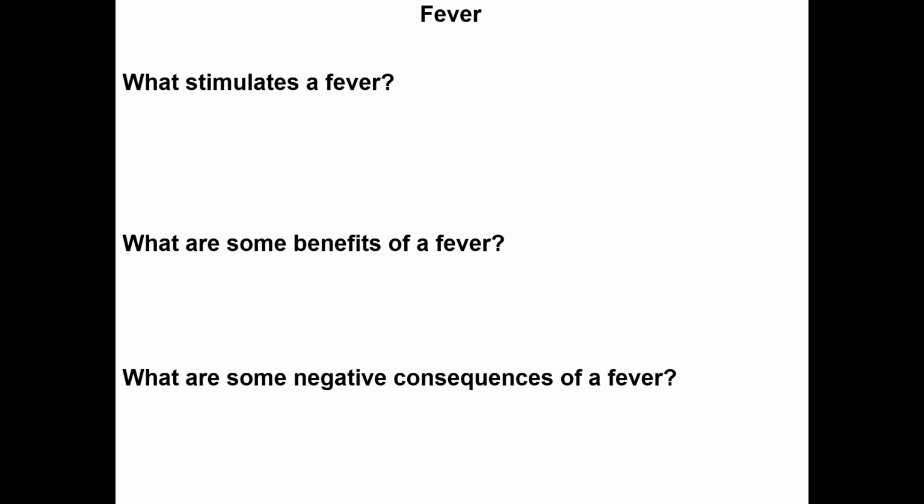Along with a fever, you can have, for instance, tachycardia, so increased heart rate. You can have tachypnea, so increased respiratory rate. You can also have the increased risk of developing a seizure.